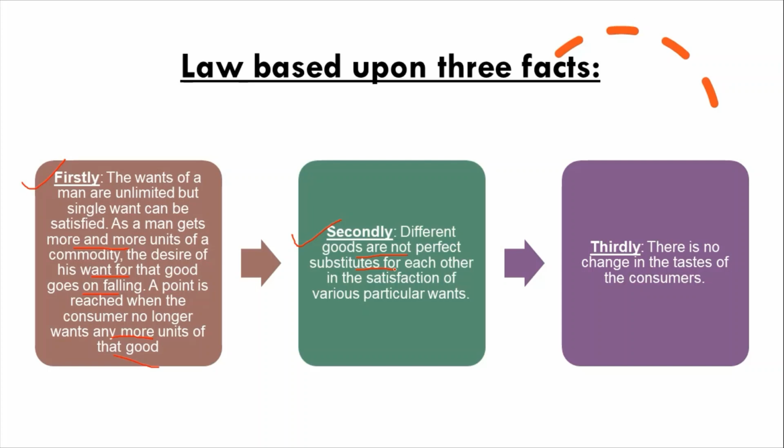A common example in economics for substitute goods is tea and coffee. They are not perfect substitutes. You can of course substitute; you can drink coffee one day, but if you're a tea lover, you will definitely need tea the other day. They are substitutes but not perfect for satisfying your particular want.